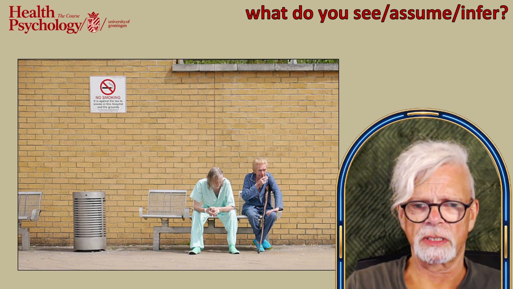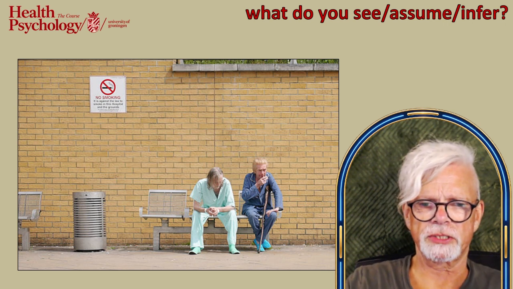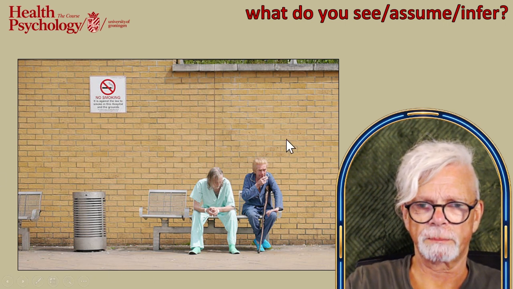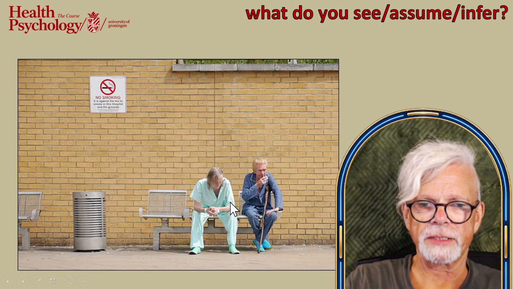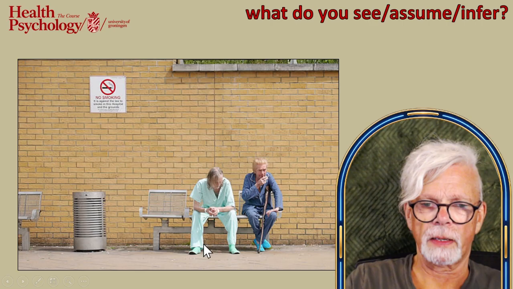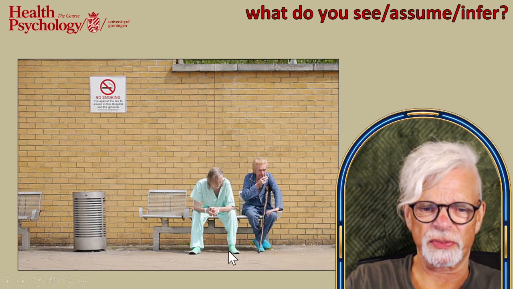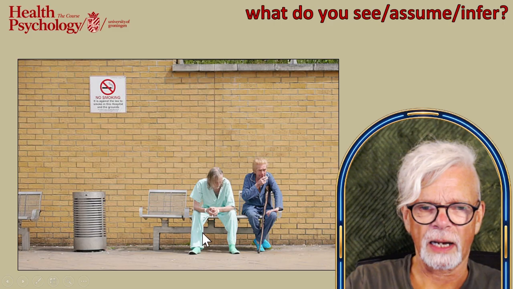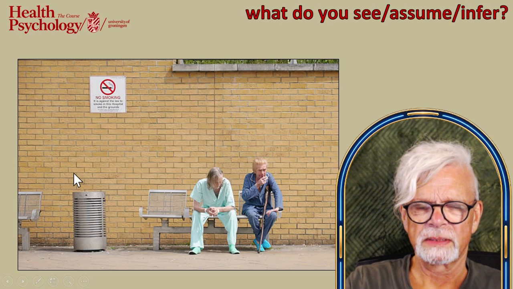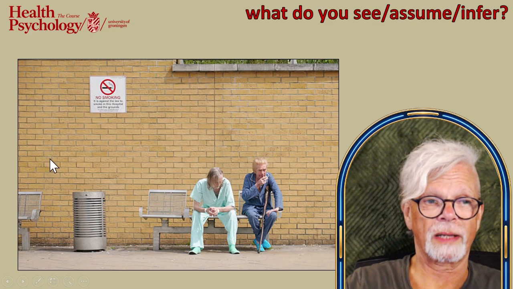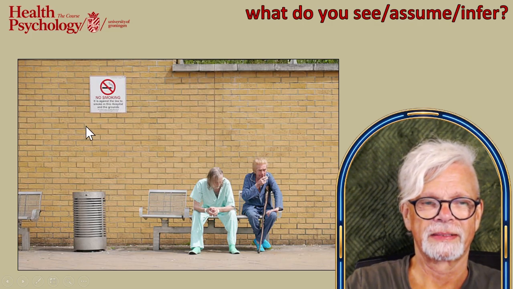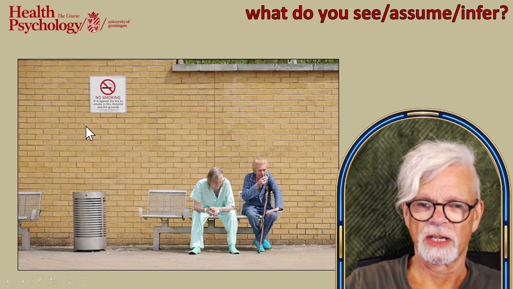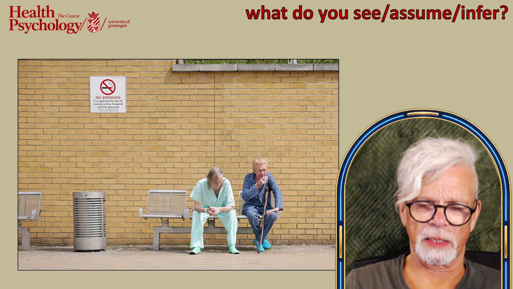Here we see, let's see, I see a person in pajamas smoking, and I see a person in a surgery suit, or is it also a pajama? I don't know. Both are smoking. Yeah, and while it says here no smoking. Well, that's interesting. So immediately we assume and we infer.